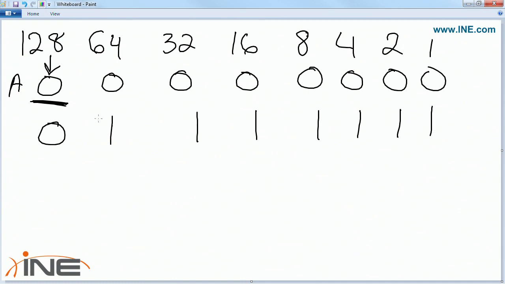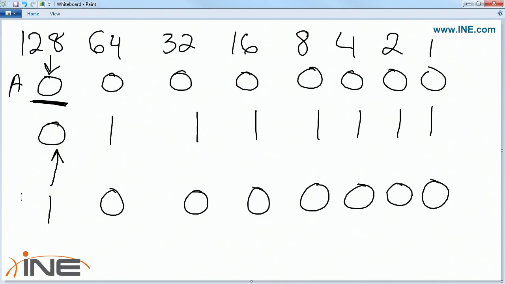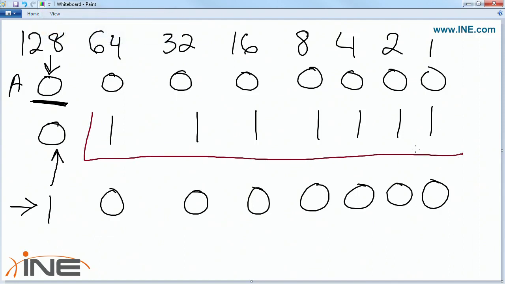Now, the shortcut way to think about this is that if we were to set this bit, so if the address looks like this, a 1 and then all zeros, it means that in decimal, this value is going to be what? This value is going to be 128. So if every bit is set besides the 128 bit, it means it's going to be 128 minus 1.